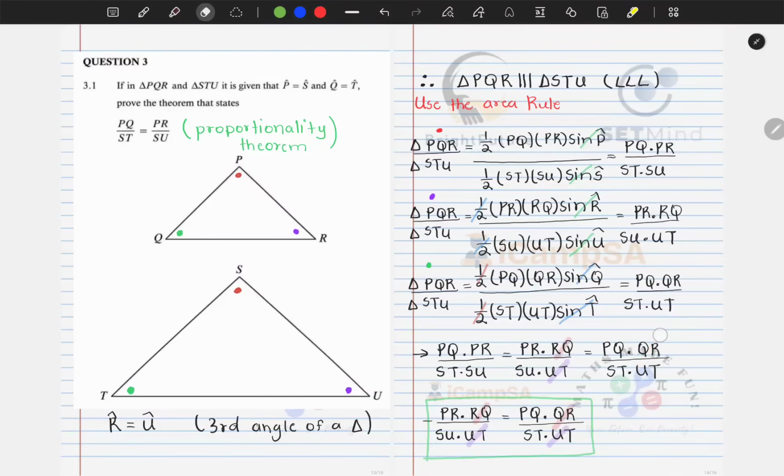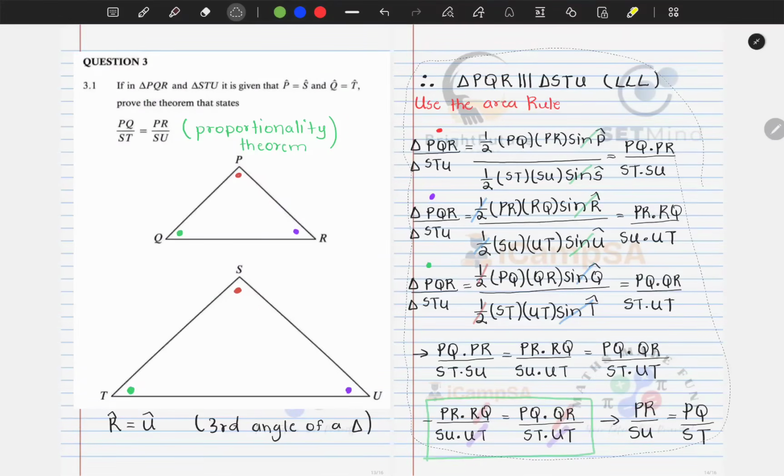So let's maybe not cancel them here. So that will happen. Then after they are done cancelling, you will see that we'll end up having your PR on one side divided by your SU, and this will be your PQ divided by ST, which is exactly what we are required to prove.